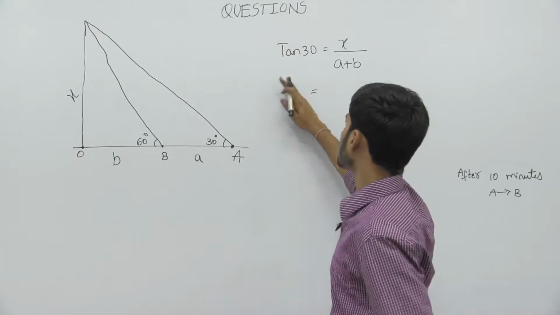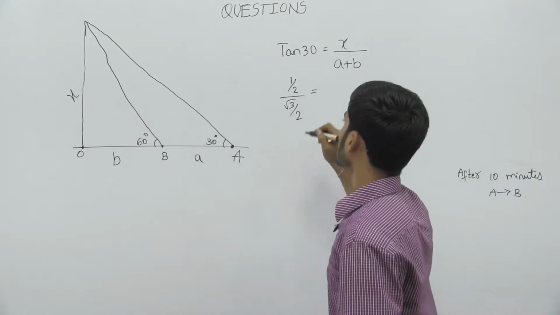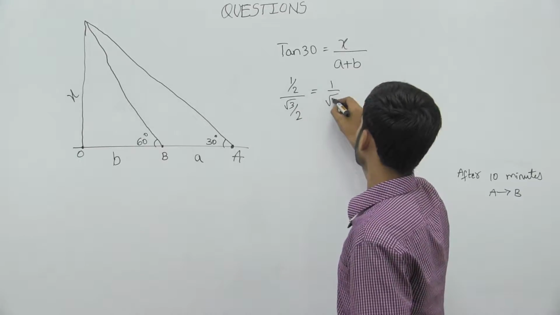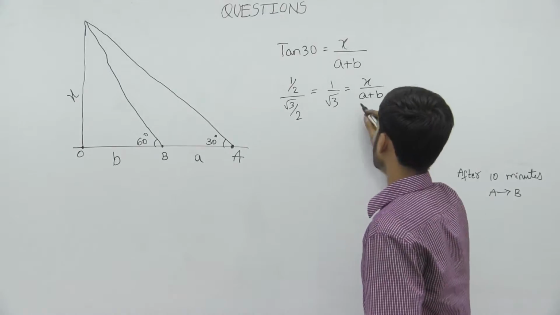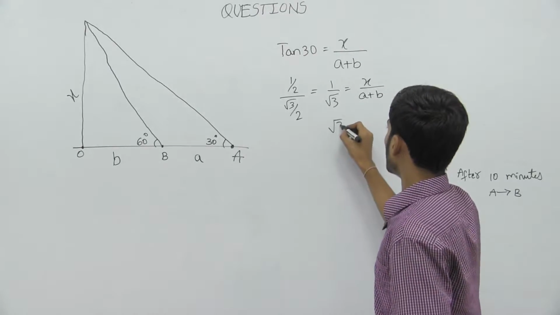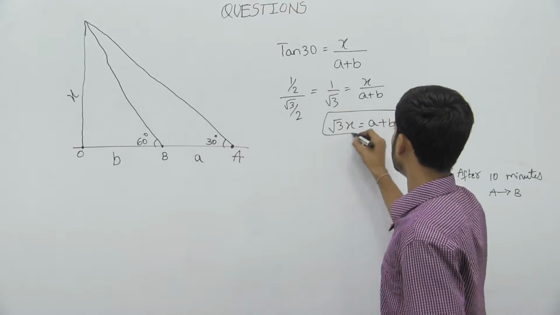Okay, let's write sin 30, which is 1 by 2, cos 30, which is root 3 by 2. So we have 1 by root 3 is equal to x by a plus b. So root 3x is equal to a plus b.